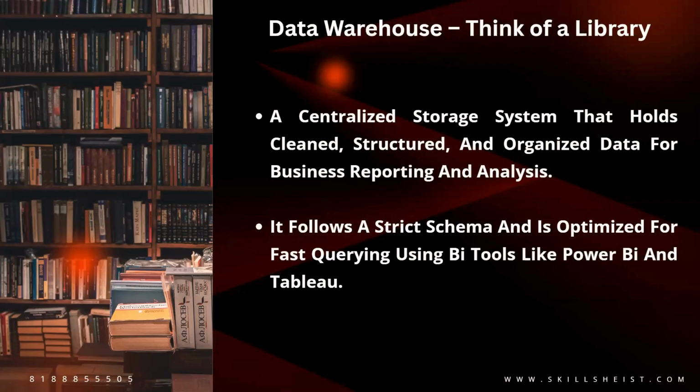So, a data warehouse is a centralized storage system that holds clear, structured, and organized data for business reporting and analysis purposes. It follows a strict schema and is optimized for fast querying using BI tools like Power BI and Tableau. So, BI tools are mainly the reporting tools. Right? So, this is data warehouse.